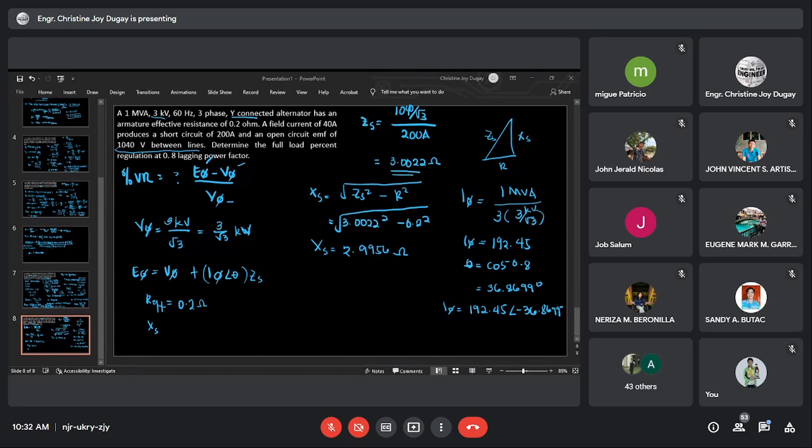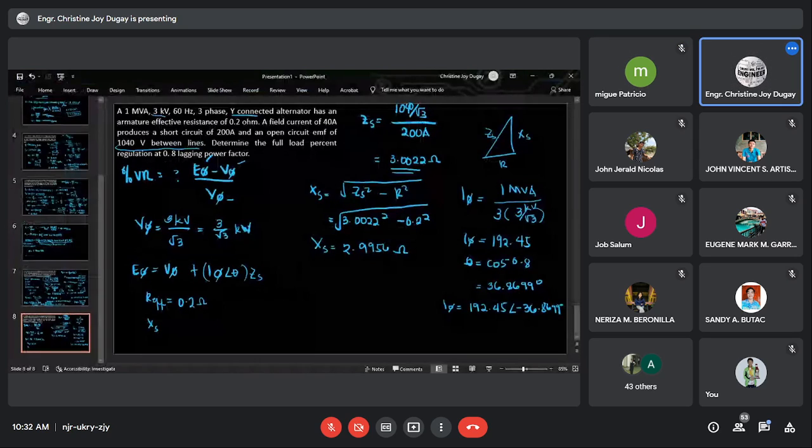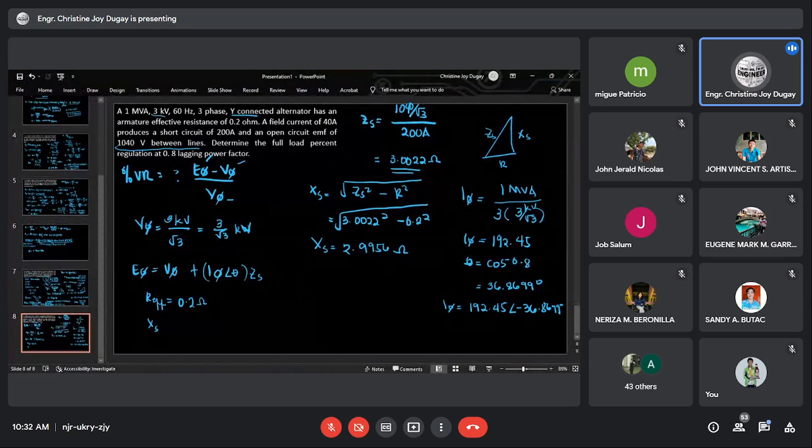Okay. Okay na ba tayo lahat? Ayan. So, ang E-phase ngayon natin is now equal to V-phase. Ang V-phase po natin, nasa reference angle po yan, which is angle of 0. So, 3 over square root of 3 kV po ito ha. Angle of 0, pero kahit hindi nyo na siya ilagay, kasi 0 naman siya.